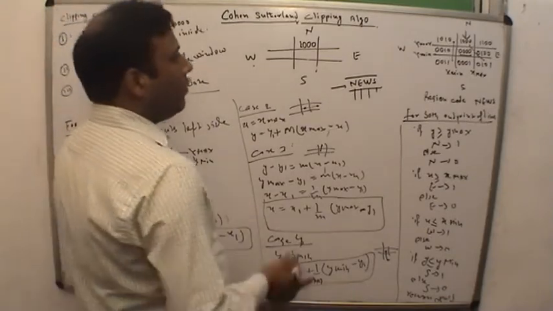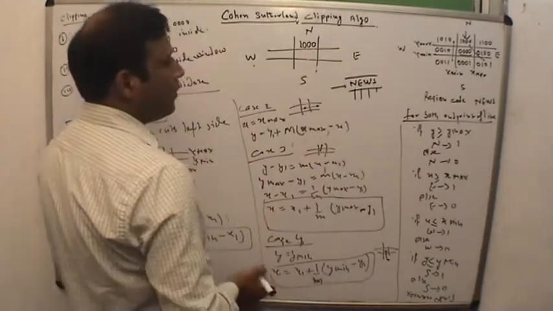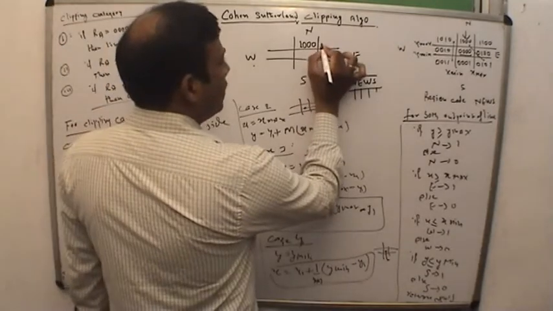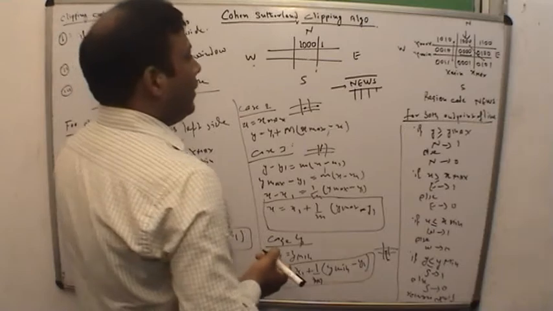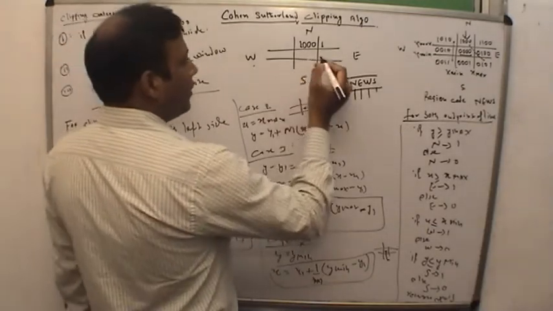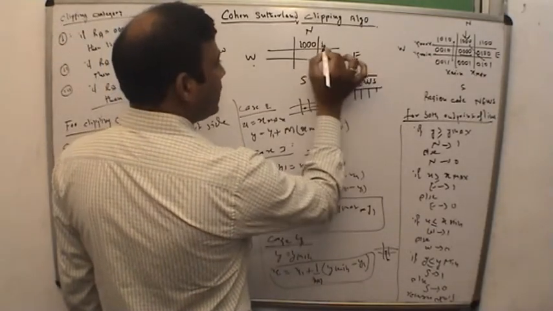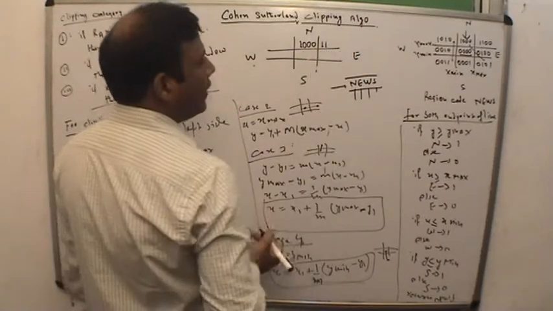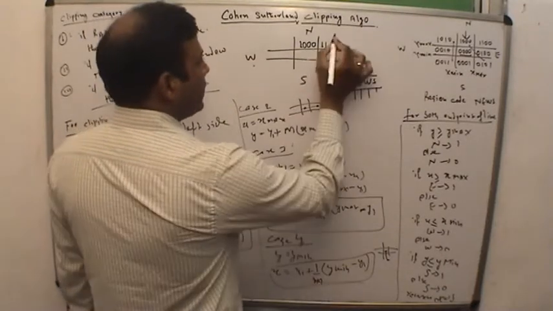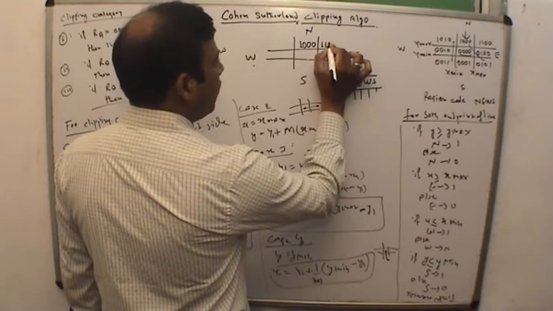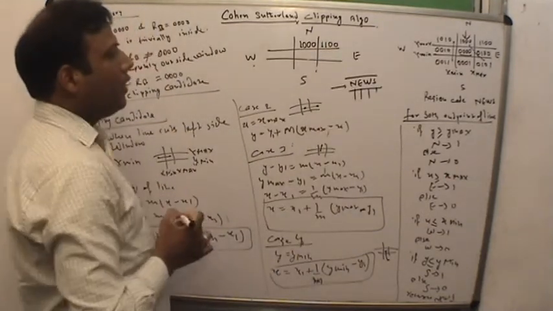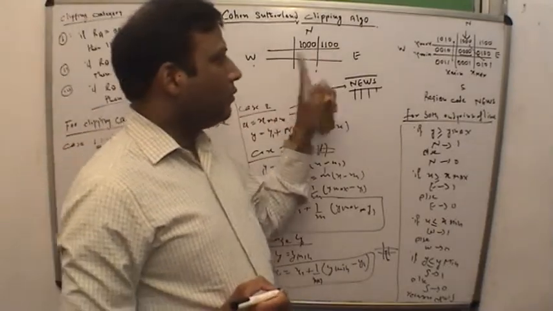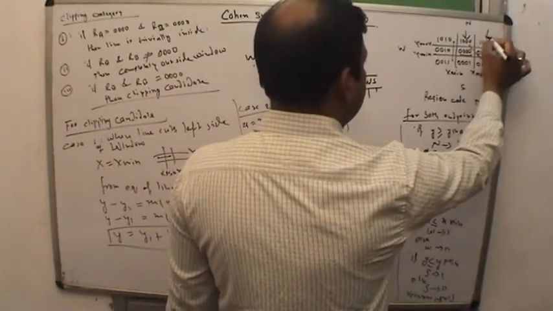Now we set the value of this box. Is this north? Yes, we set the value 1. Is this east? Yes, so we set the value 1. Is this west? No. And is this south? No. Now we have the value 1100.